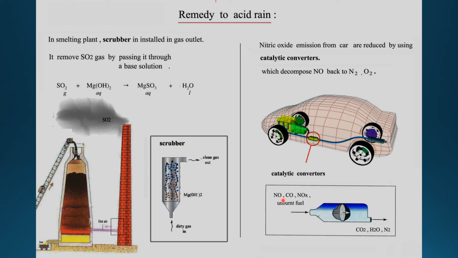When they go through this catalyst bed, they come out as carbon dioxide, water, or nitrogen gas. The catalyst promotes all the reactive gas to react further, so once they react, they become harmless gas that comes out.